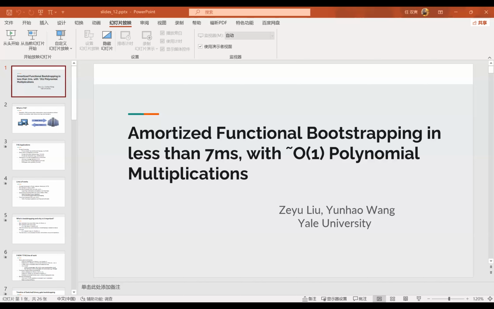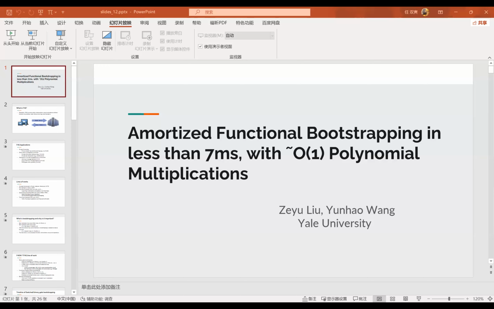Another work this year has further reduced it to an asymptotically quasi-constant number of polynomial multiplications for each ciphertext. But as mentioned by Barry, whether it's really practical is actually an open problem, so we don't really know.